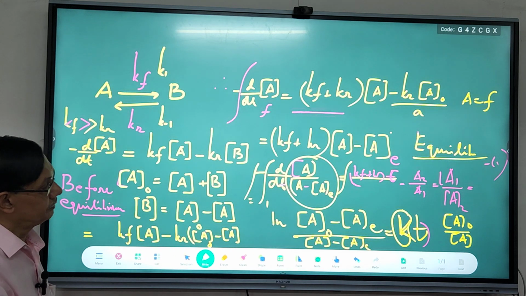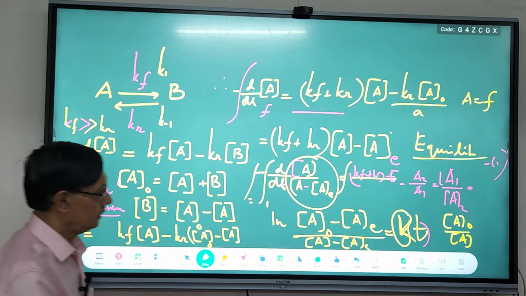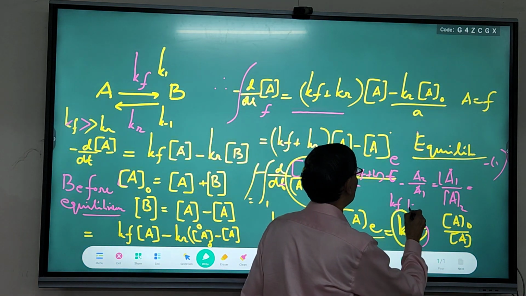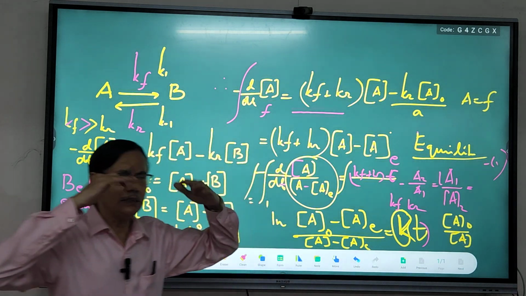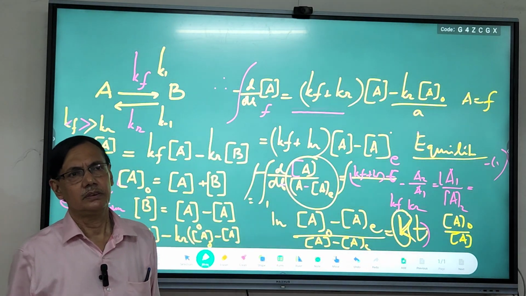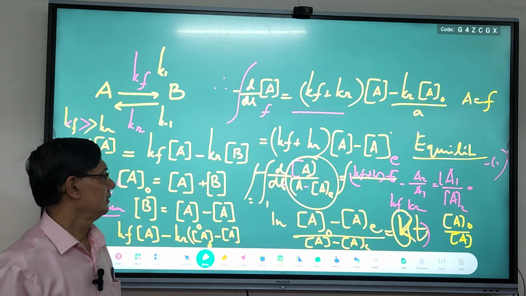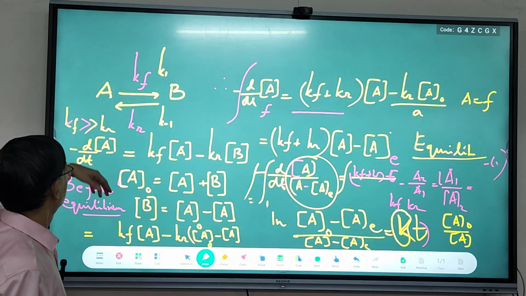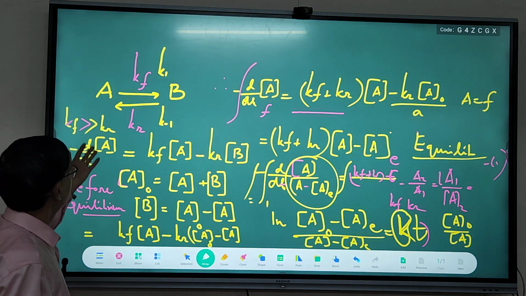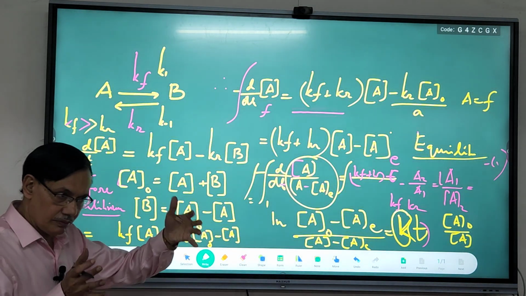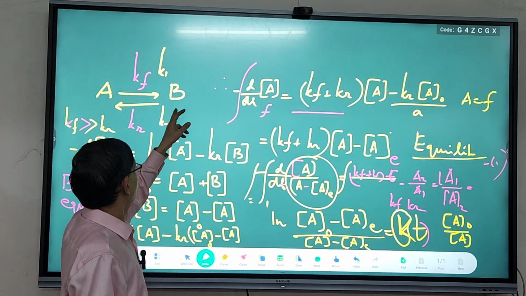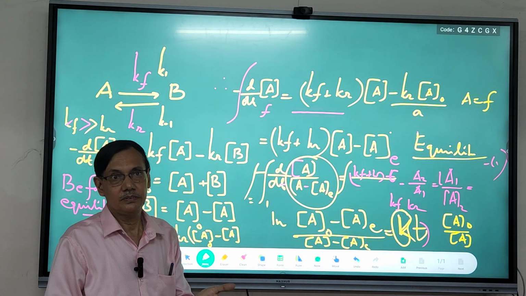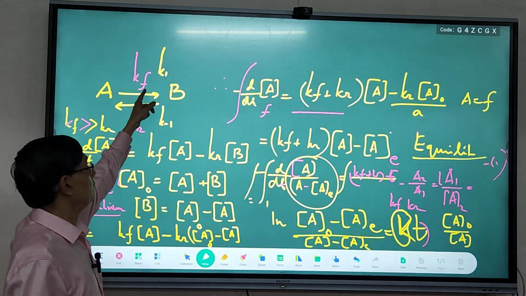Now you assume, last step, that if it is combination of KF and KR, just you imagine about your B.Sc classes, very common equation, that if the value of KF is greater than KR, so in reaction the possibility of B will be very high, because KF value is very high.